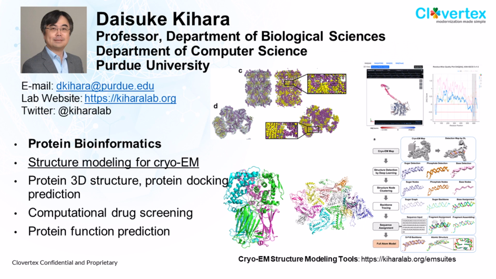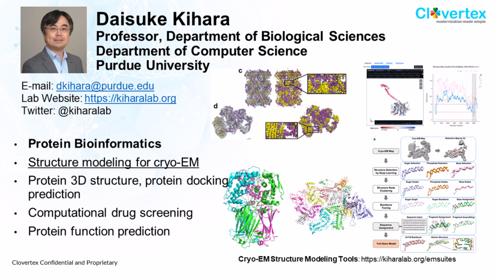Hi, I'm Daisuke Kihara. I'm a professor in biological sciences and computer science at Purdue University. What my lab does is tool development for protein structural modeling for cryo-EM. This is my main project right now. I have a background in protein 3D structure prediction, protein-protein docking prediction, and computational drug screening.